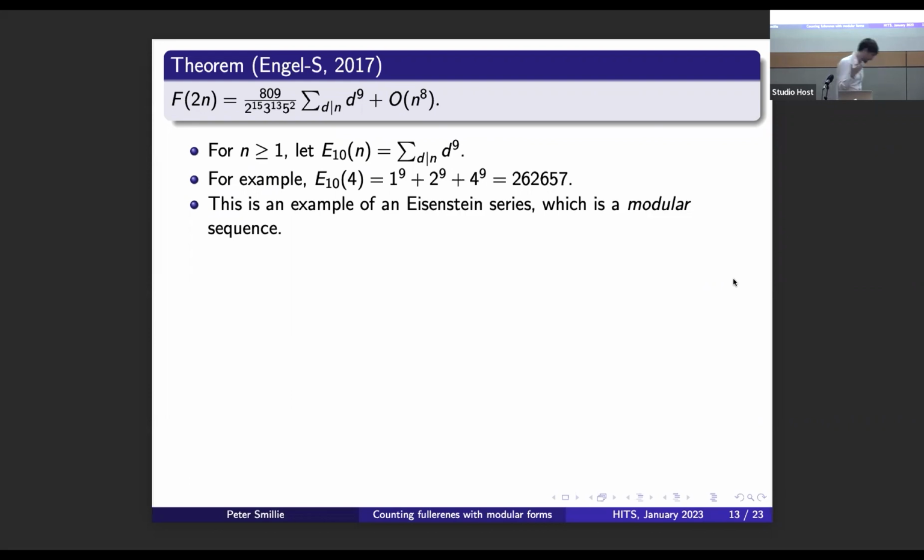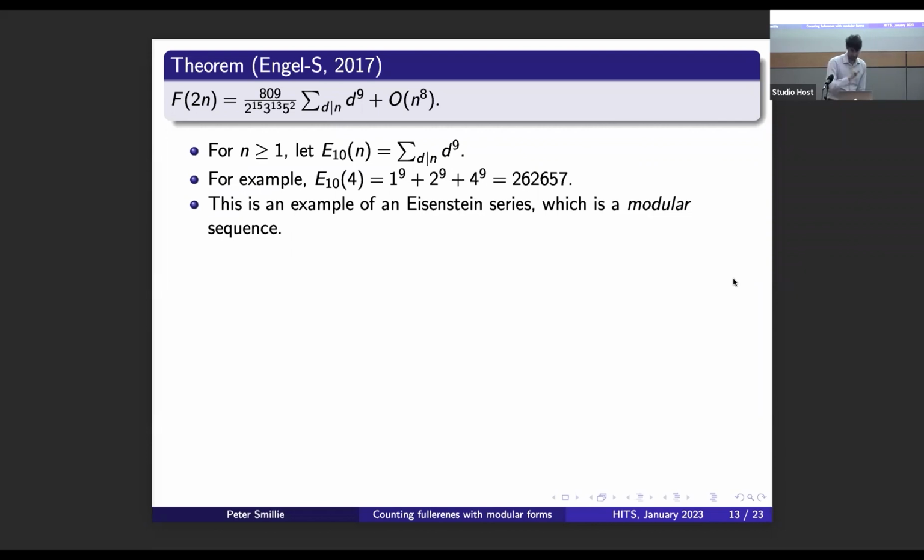As a first approximation, E10 is just n to the 9th. A slightly better approximation: if n is odd, E10 of n is about n to the 9th. If n is even, E10 of n is about n to the 9th plus n over 2 to the 9th. And if you take 1/2 to the 9th, and you're good at powers of 2, you see that explains the difference of about 0.002.